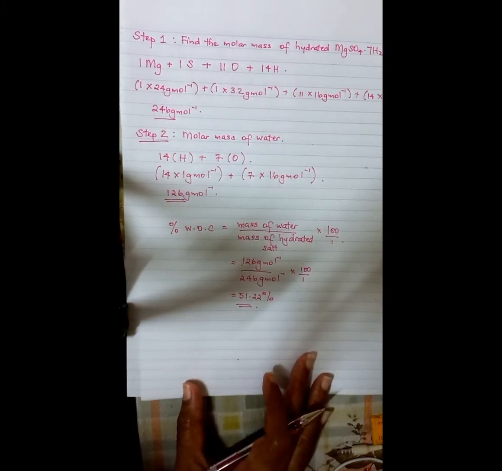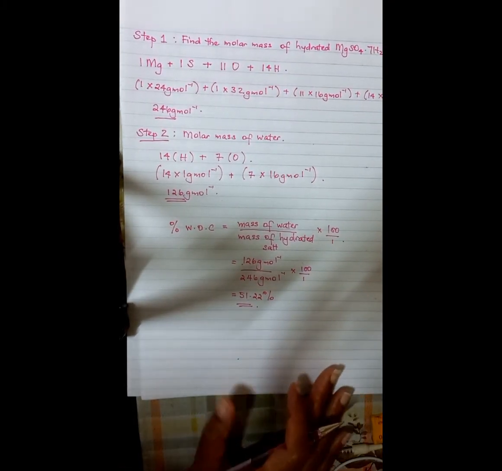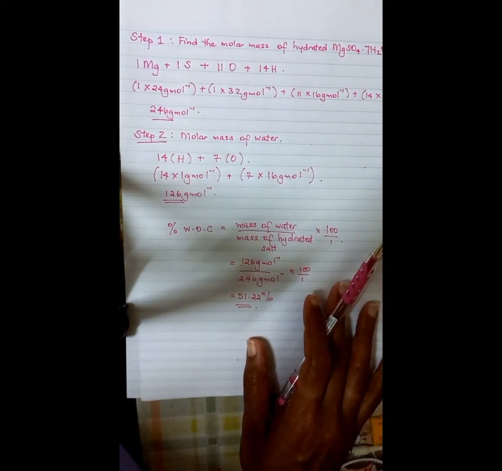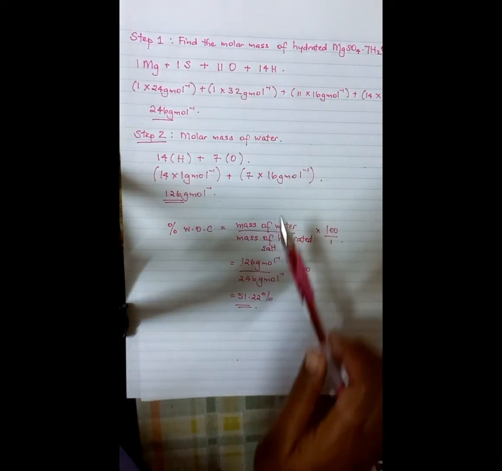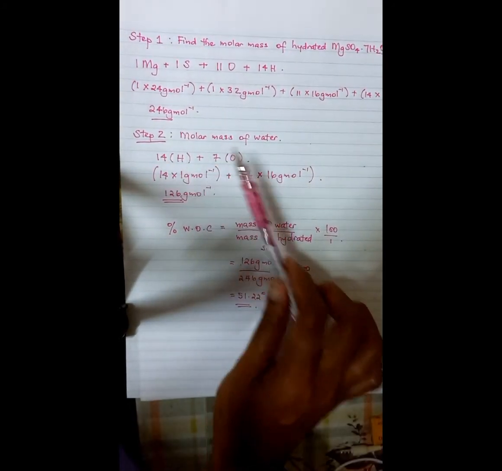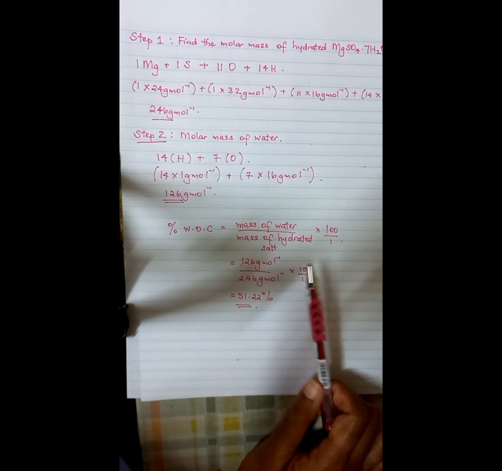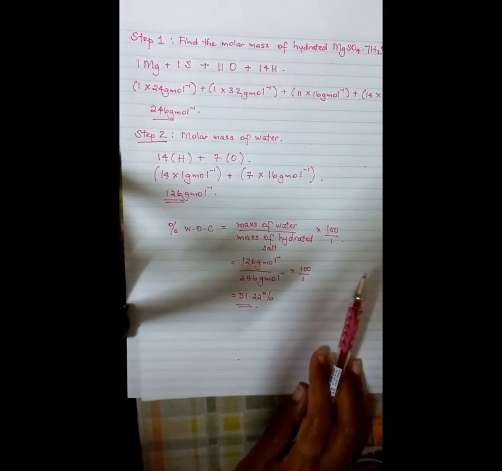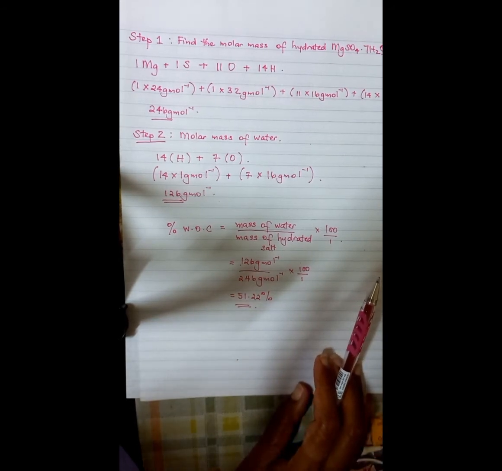So there are two simple steps. The first one is for you to find the molar mass of the hydrated salt, using your periodic table where you get your molar masses. The second is to find the molar mass of water, using the number of moles that is there in your hydrated salt.